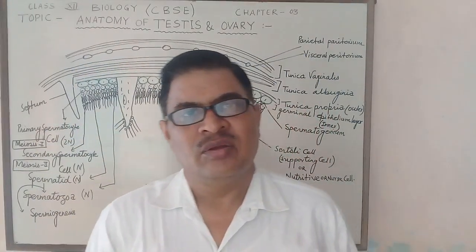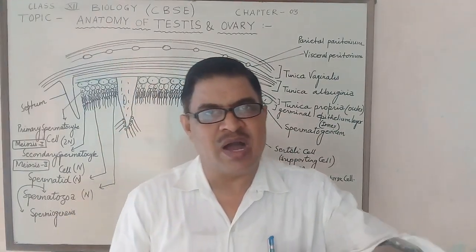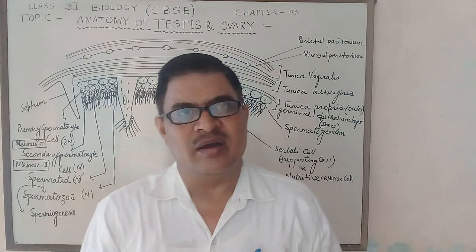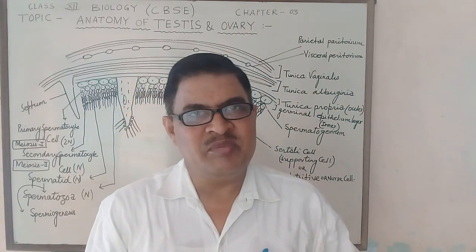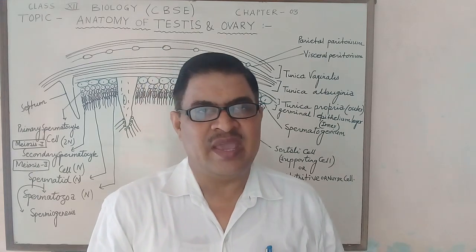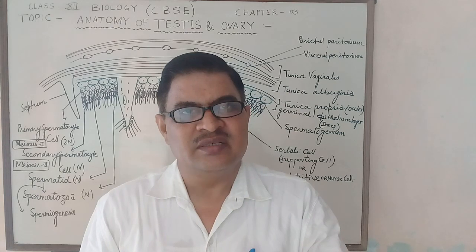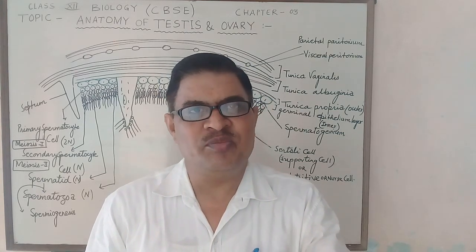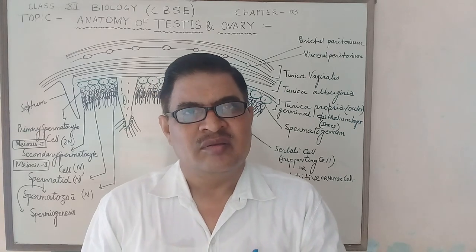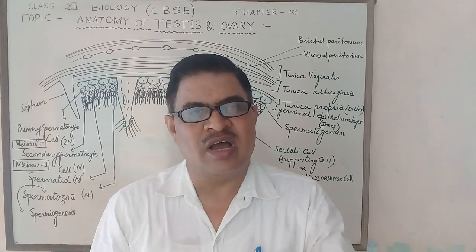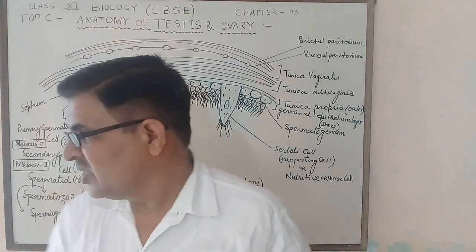During insemination, when the semen is poured into the vagina by the male genitalia, the sperm moves into the cervix and reaches the fallopian tube, where fertilization occurs as a result of fusion of sperm with the ovum.